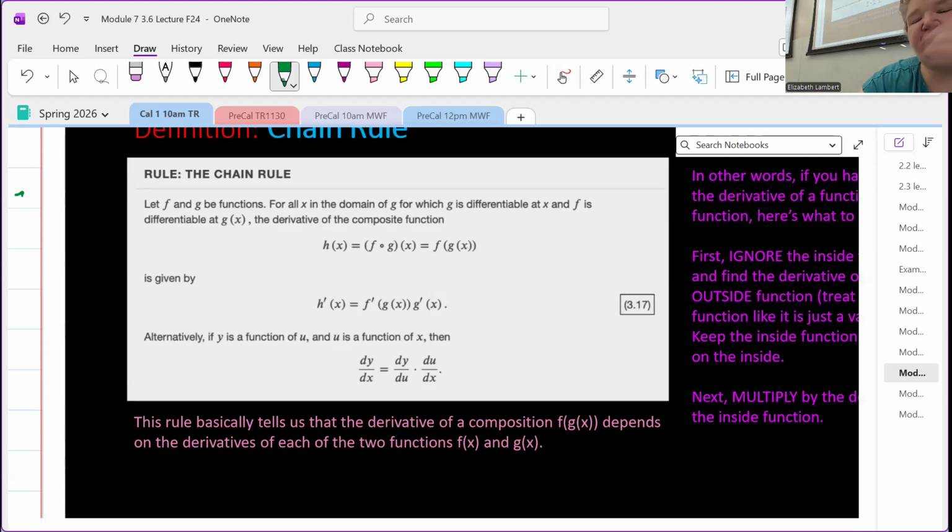Another way to think of the derivative is when you have an outside and an inside function, you can call the inside function u. I like to call it u for ugly. So you write the outside function in terms of u, and then you multiply by the derivative of u in terms of x.